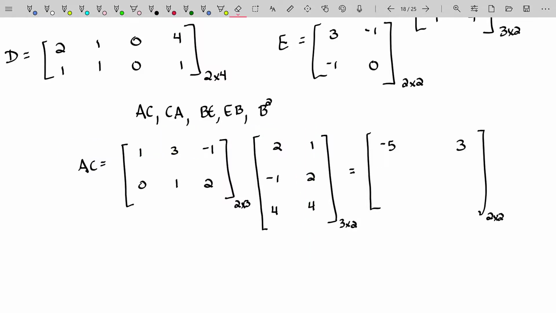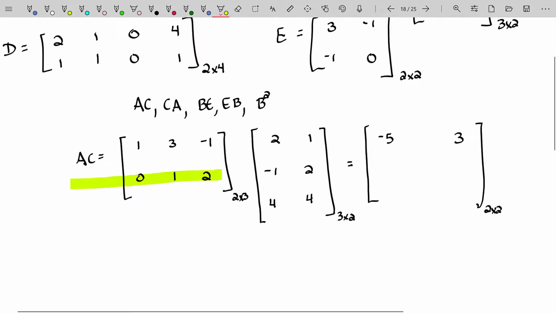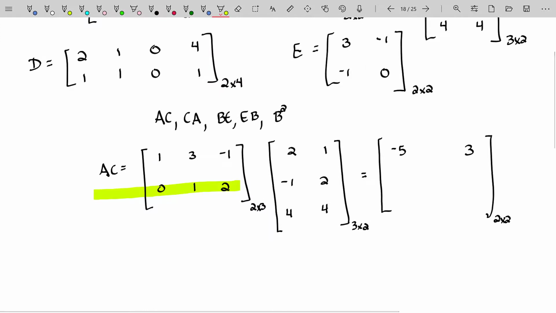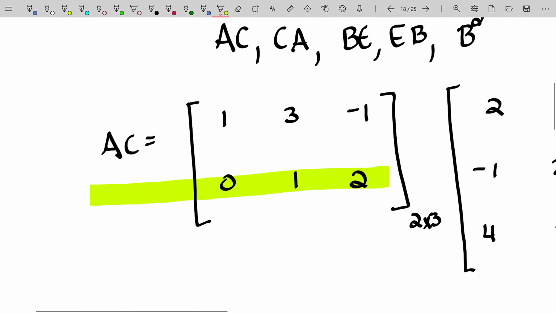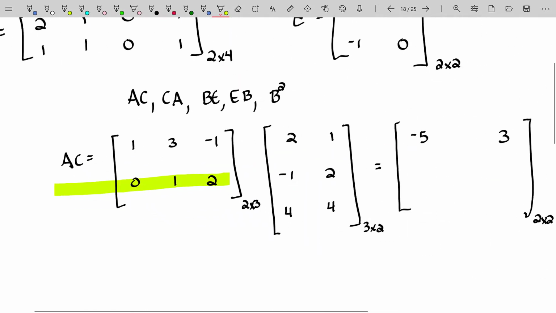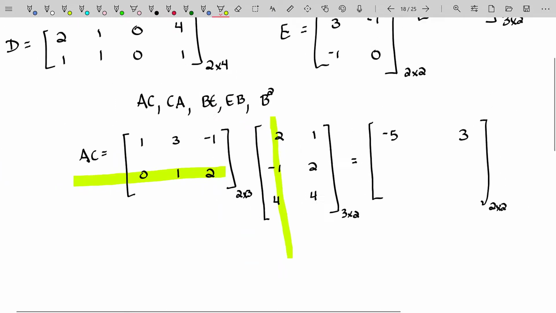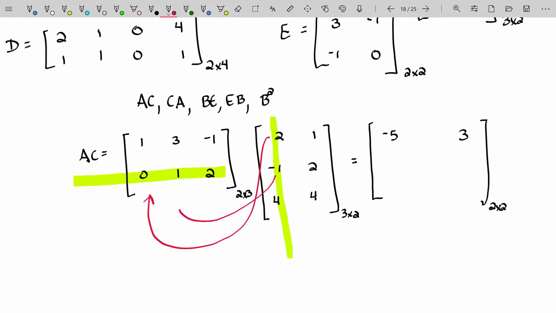Now we move on to row 2. Notice that I just highlighted row 2 because we're now looking at the results in row 2. So the row that you're working in will match the row of the first matrix. The column you're working in will match the column of the second matrix. So we're in row 2, column 1. 2 times 0 plus negative 1 times 1 plus 4 times 2.